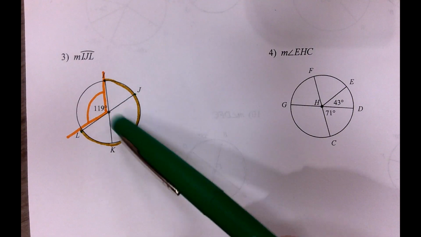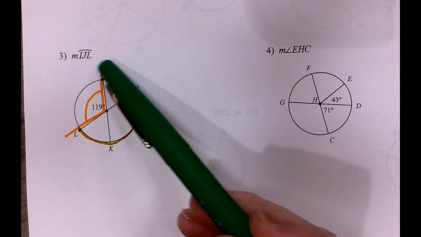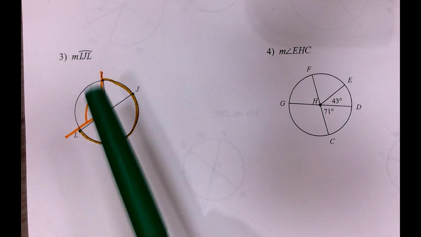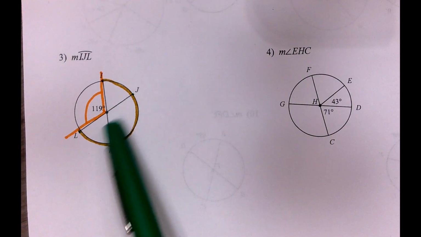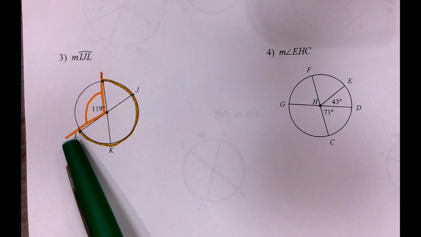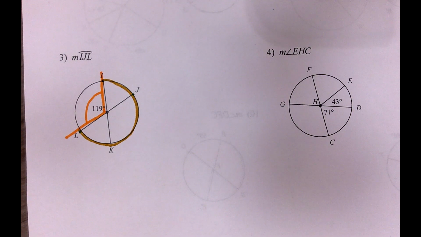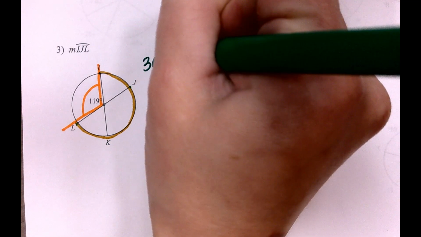So the 3 angles remaining are the 3 angles that are equal to this arc that goes all the way around. So if we just solve for the measure of the remaining angles, then we also have the measure of the remaining arcs. I know that a circle is 360 degrees.